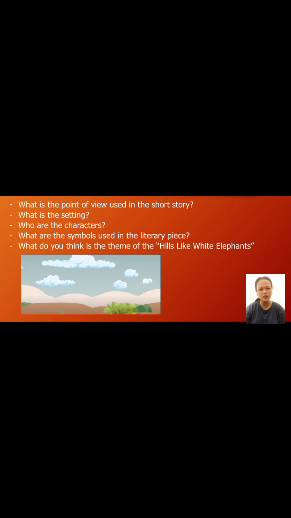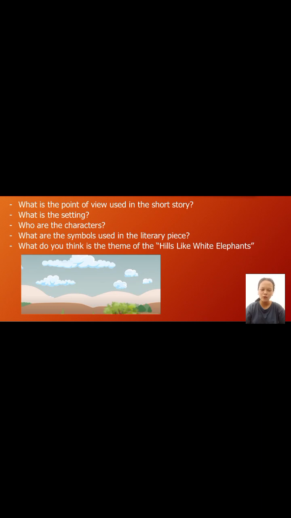So, what do you think is the point of view used in the short story? If your answer is that it is narrated in the third person point of view, then you are correct. Very good. How about the setting? Okay, that's correct. It was at the train station that was surrounded by hills, fields, and trees in the valley in Spain.